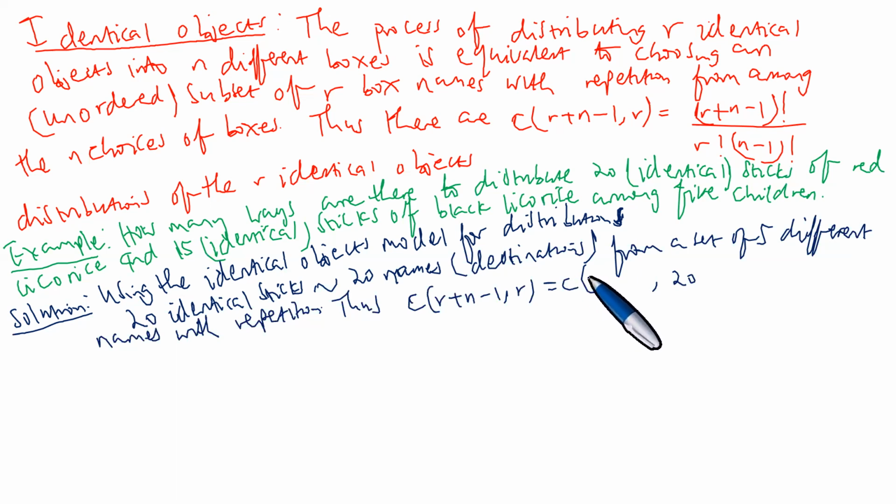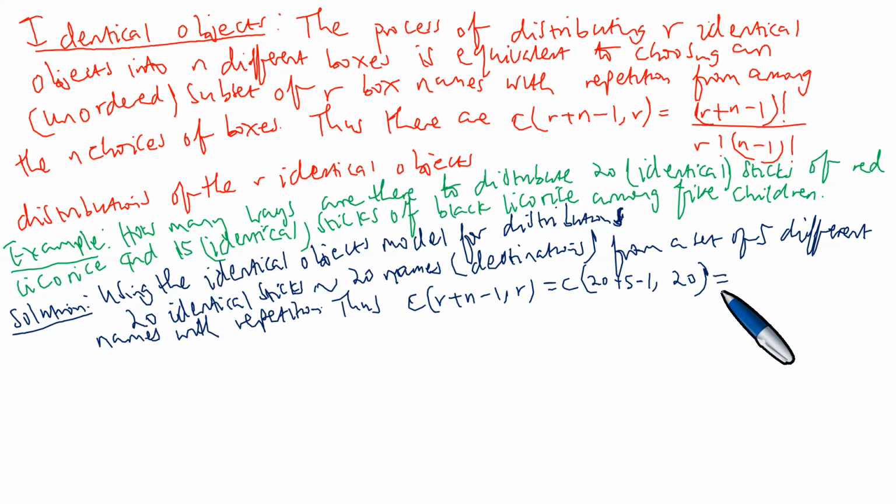You can write it as 20 plus 5 minus 1. We can use a calculator to simplify these.